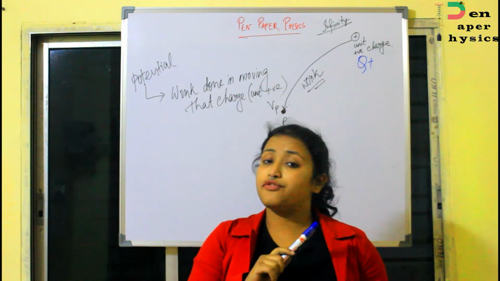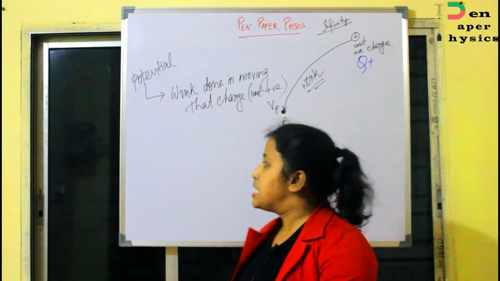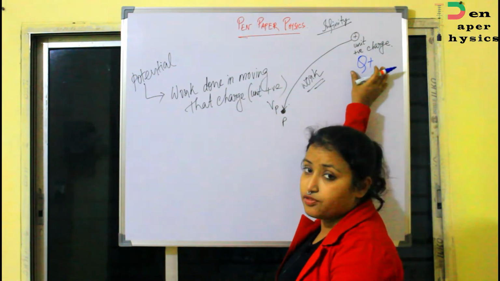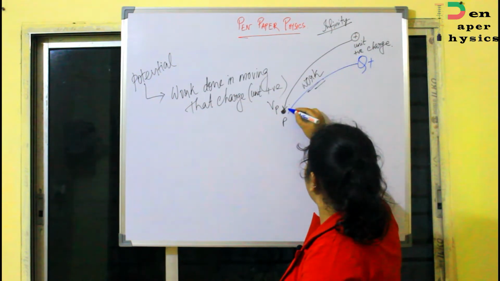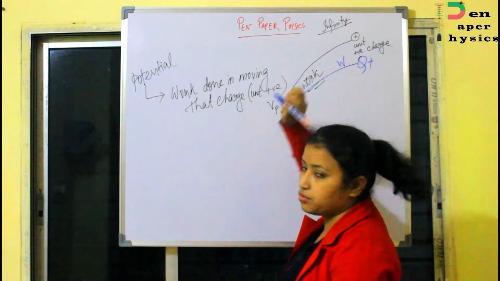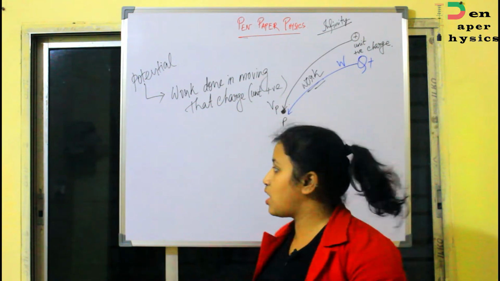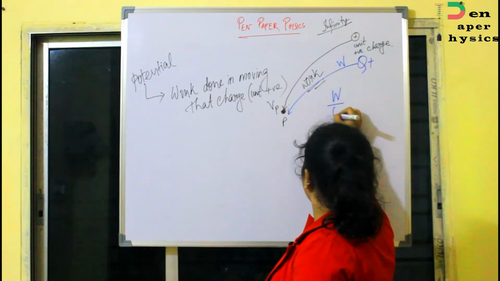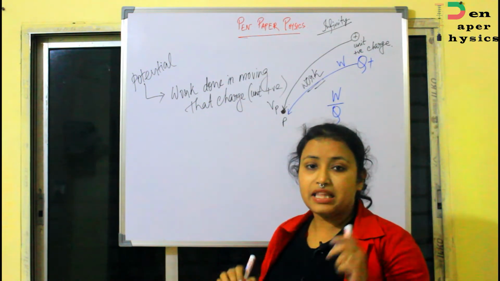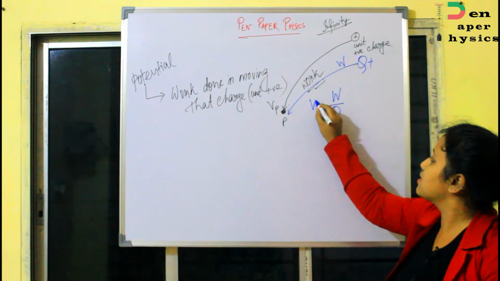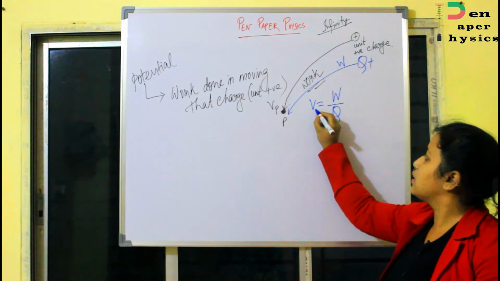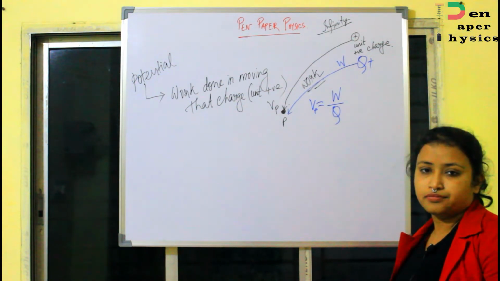But I have to find the work done for unit charge. Suppose I am bringing a q positive charge from infinity to this point and I have done work w. So what will be the work done for moving unit positive charge? That will be w by q, and this is what is known as the potential at that point, Vp.